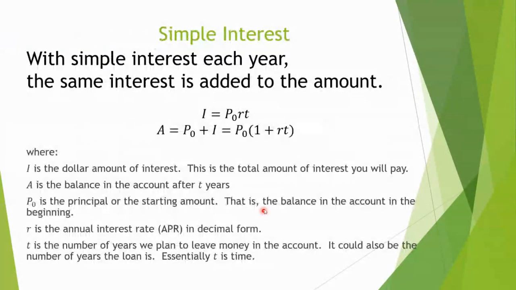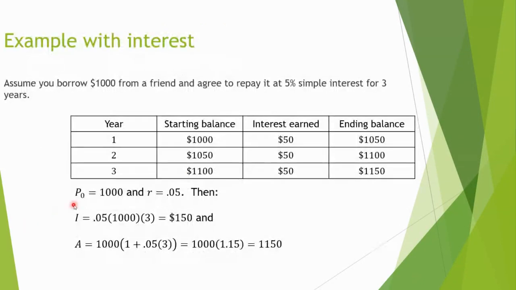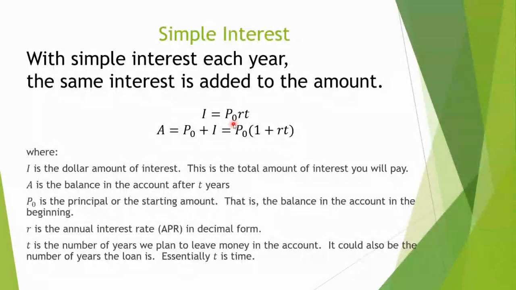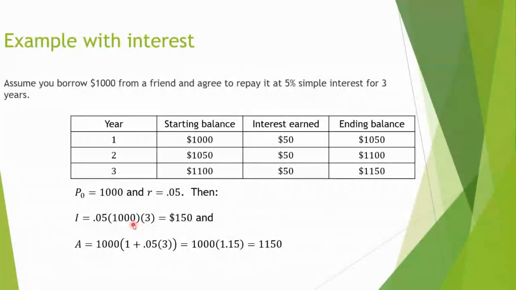But now we can use our formulas. We could go through the calculation like that every time, but we don't have to. So P sub 0 here is 1,000. R is 0.05. Capital I is P0 times R times T. So it's 1,000 times 0.05 times 3.